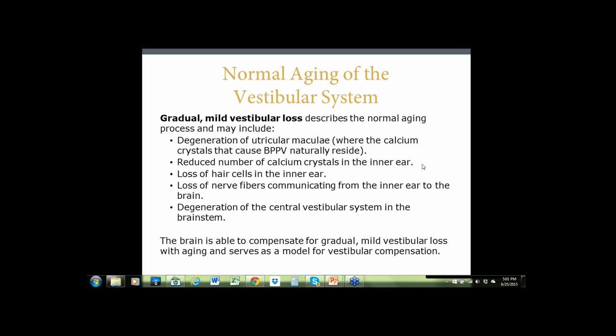So the vestibular system is subject to normal aging, just like everything else in the body. And what we see is that essentially the whole system is aging. The peripheral sensory end organs are aging by having a degeneration in the membranes where the otoconia, or the crystals that cause BPPV, are supposed to be.